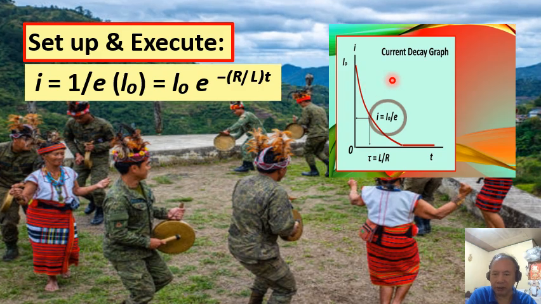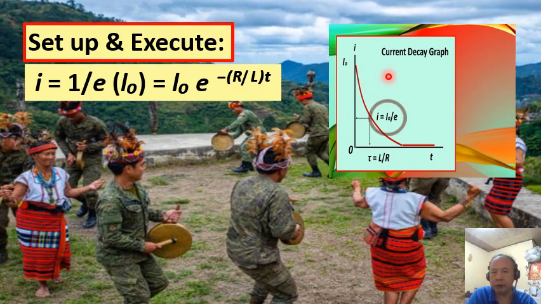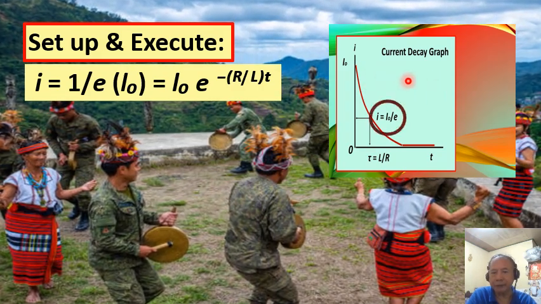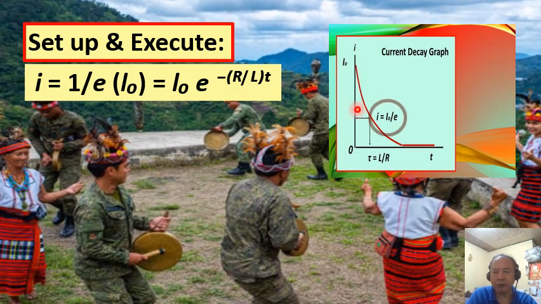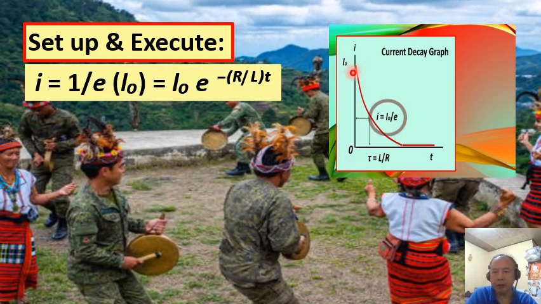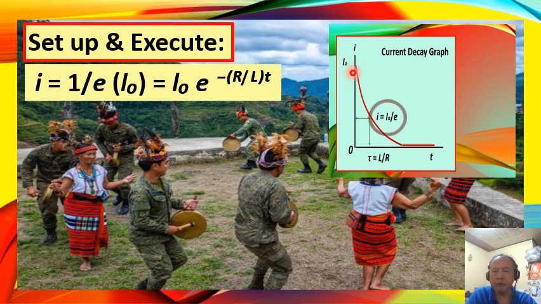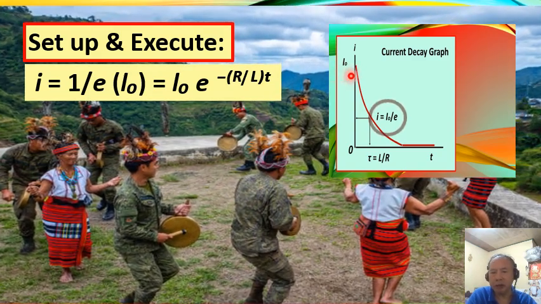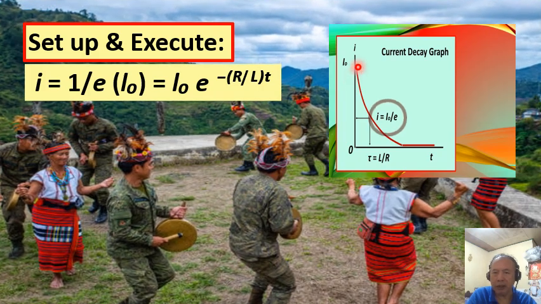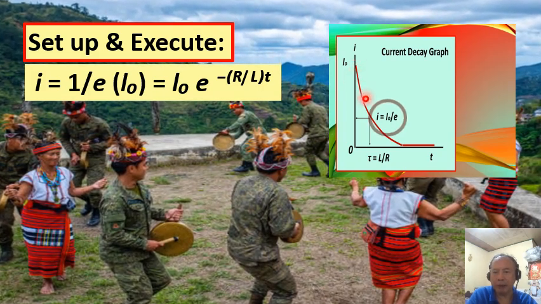As shown in this graph, we call this the current decay graph. At the start, the amount of the original current, capital I naught, decreases rapidly.